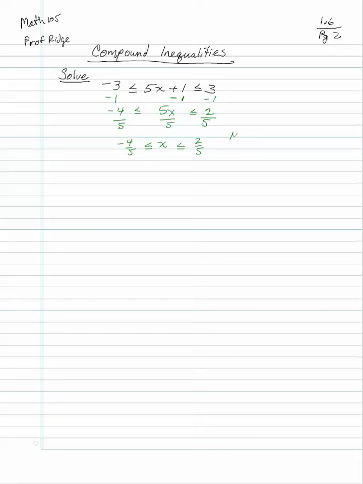Note, when you write a compound inequality like this, it's the same as x is greater than or equal to negative 4/5, and at the same time x is less than or equal to 2/5. You have to be careful because it's an and statement, so we're looking for the overlap. If x is greater than or equal to negative 4/5, that's a solid dot going to the right forever.